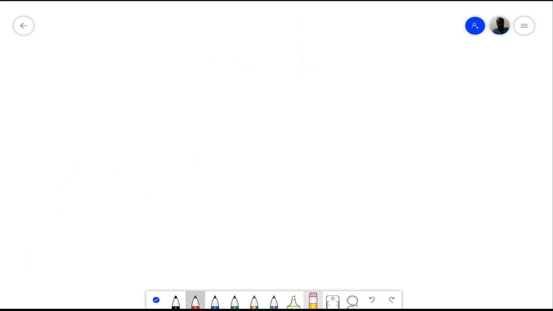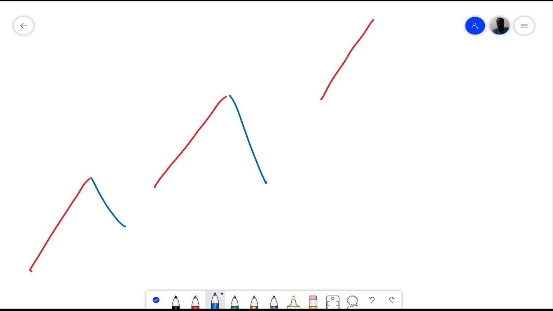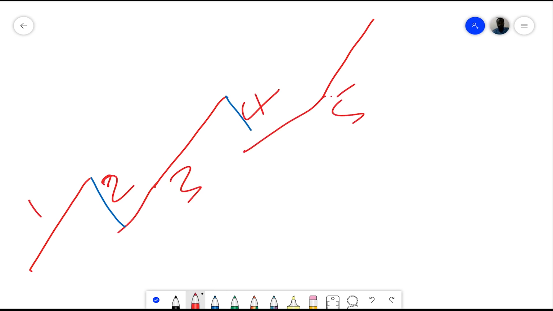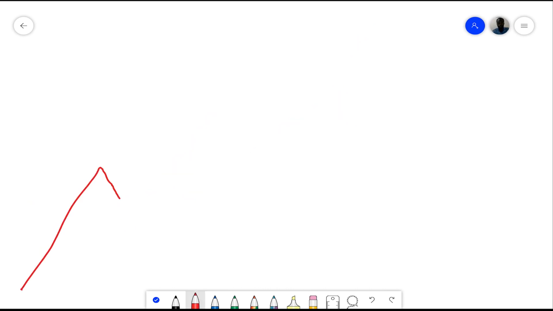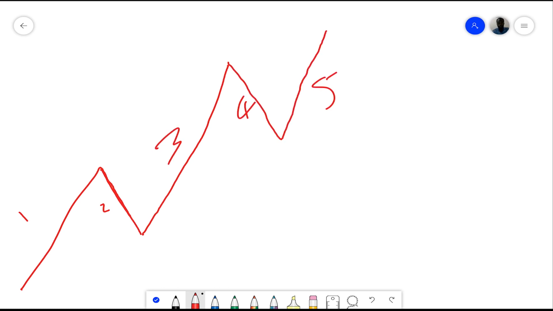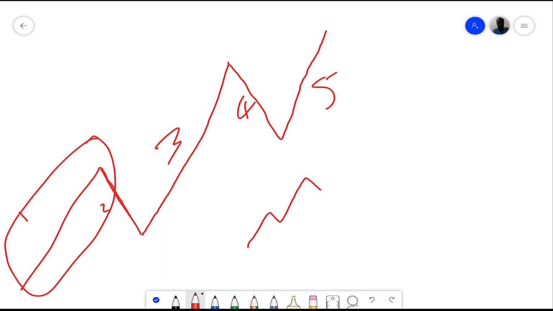Okay, let me use a different color marker to do this so that you can understand better. So this is my wave 1, wave 3, and wave 5. So this is my wave 2, wave 2, wave 4, wave 4.